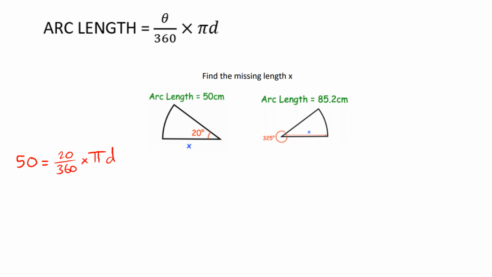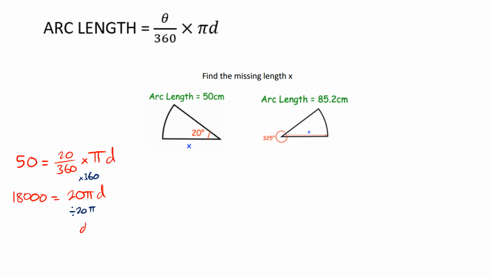What could we do from there? Well, something I like to do is get rid of fractions, so we're going to multiply everything by 360. That'll give us 18,000 is equal to 20 pi d. And then, just like we did before, we're going to divide across by everything but d. So we're going to divide across by 20 pi.